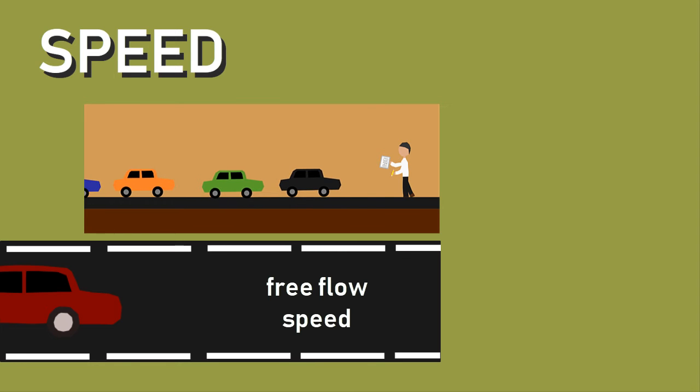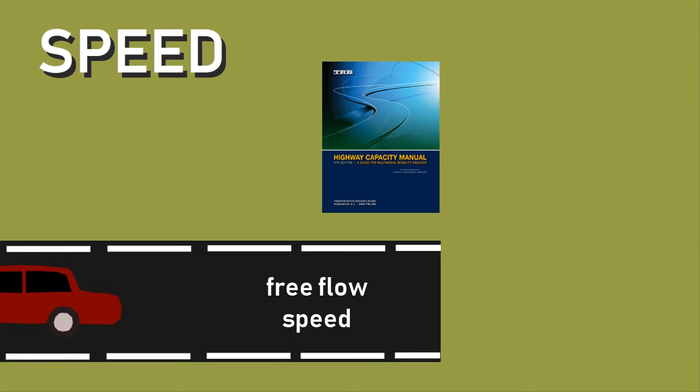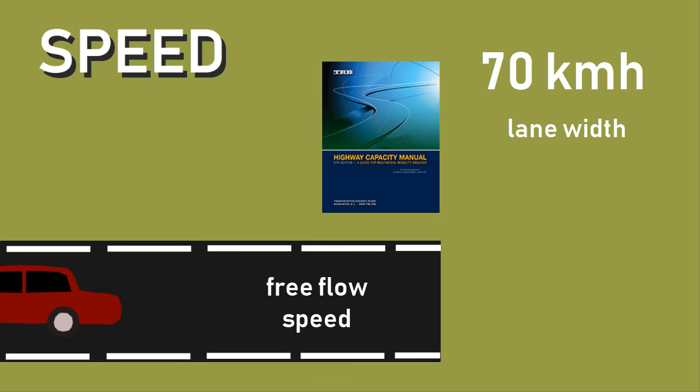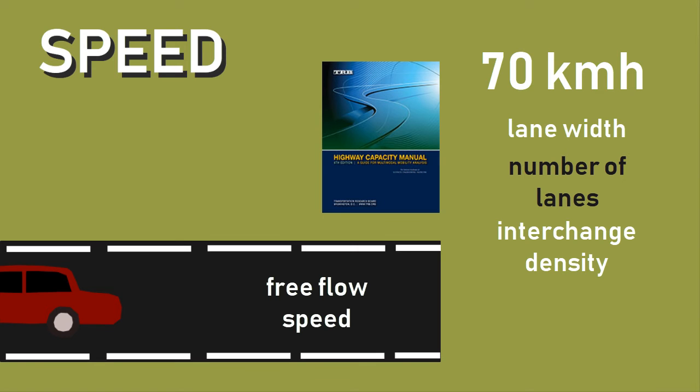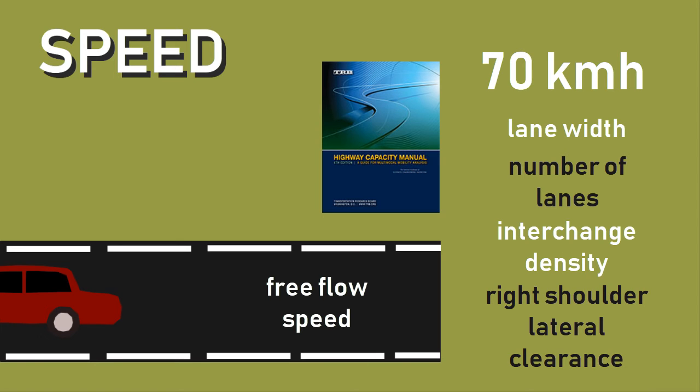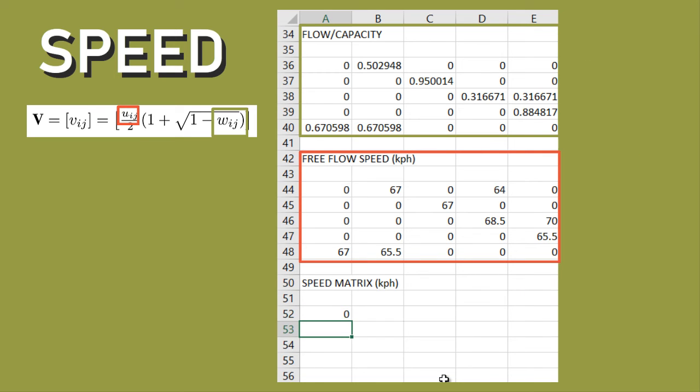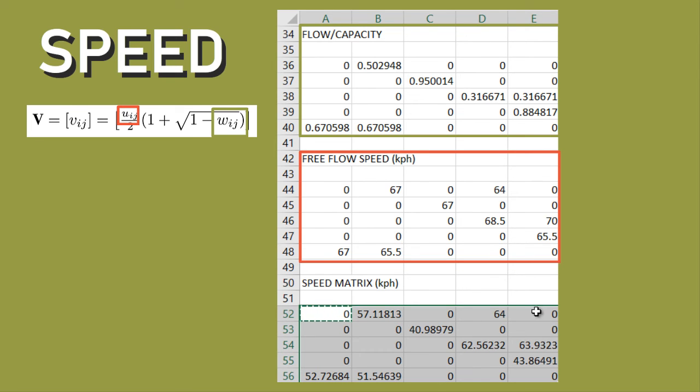Free flow speed can be measured empirically, or it can be estimated through a formula provided by the HCM, which starts with 70 kilometers per hour and has adjustments for the lane width, number of lanes, interchange density, and right shoulder lateral clearance. We'll assume everything but the number of the lanes is the same. So these are their free flow speeds. Let's use the formula. This is the speed in kilometers per hour for our roads under ideal flow.